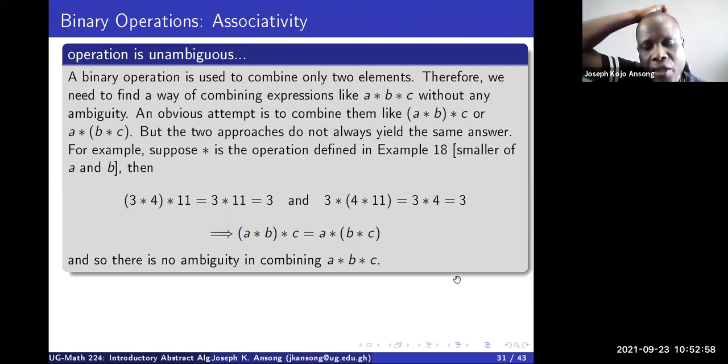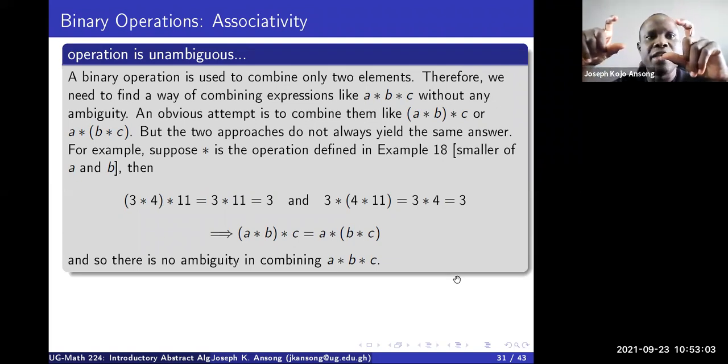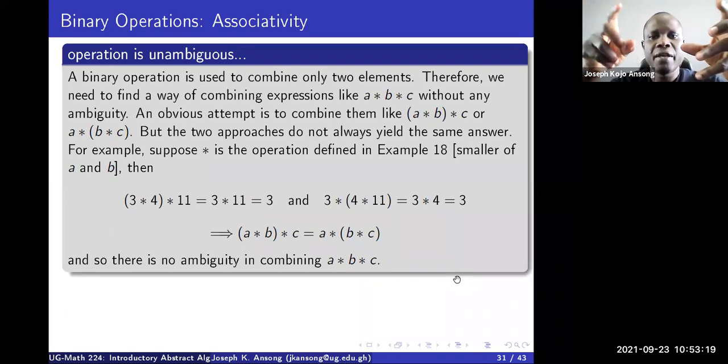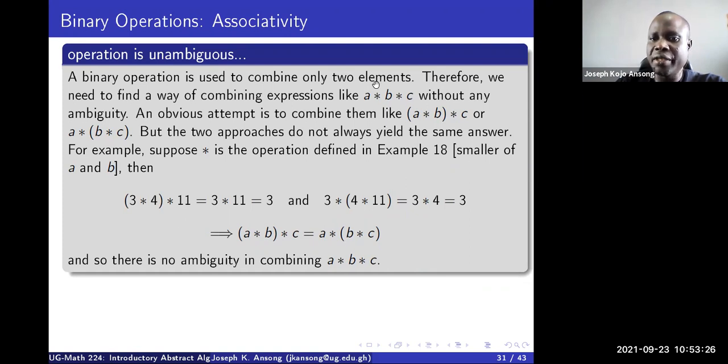Now, for a binary operation, remember that so far we just pick two elements and then combine them using the binary operation. The question is, what do you do if you have three or more elements? If I pick A, B, and C from a set S, and I have A star B star C, how do I compute this?